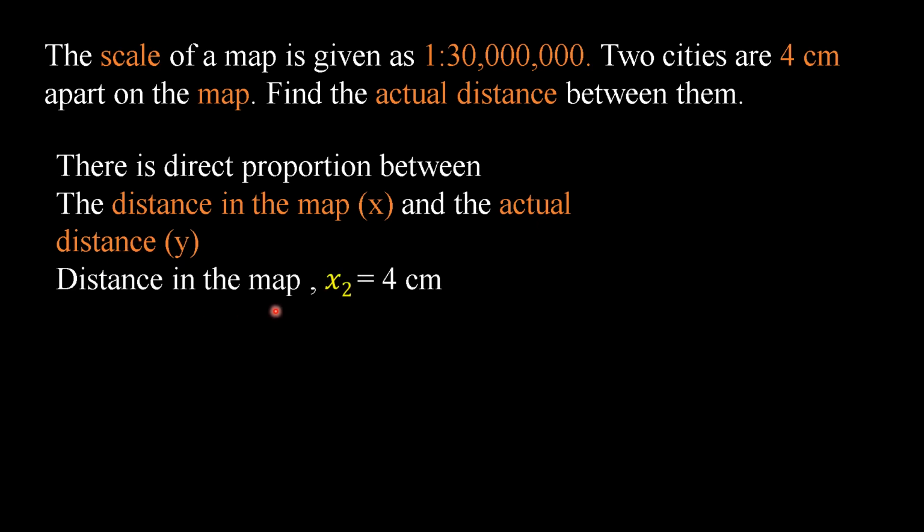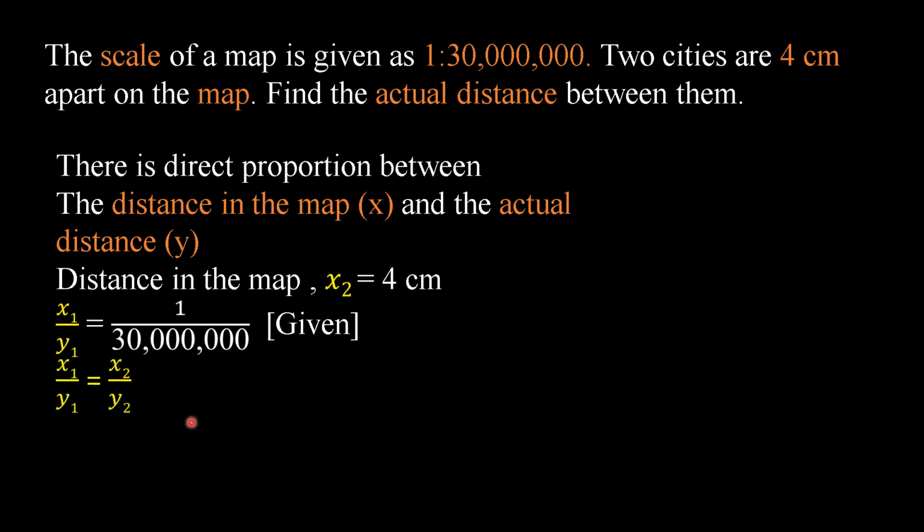Distance in the map is given as 4 centimeter, which is x2. We have, for direct proportion, x1 divided by y1 equals 1 divided by 30 000 000 which is given. Now we have x1 divided by y1 equals x2 divided by y2 for direct proportion.